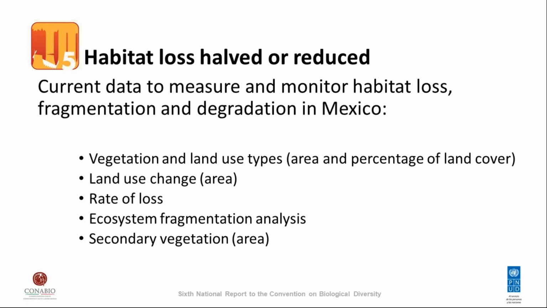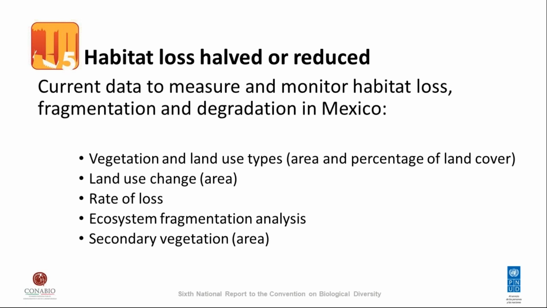To report habitat loss for Aichi Target 5, we found that current data to measure and monitor habitat loss, fragmentation, and degradation are focusing on 5 indicators. The first indicator is vegetation and land use types, and it is measured by area and percentage.